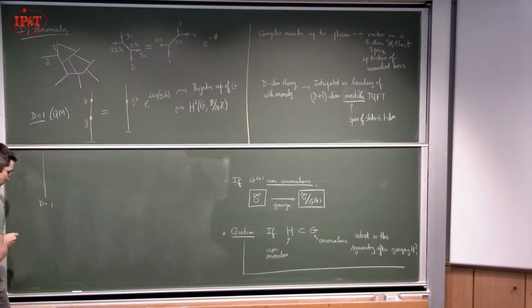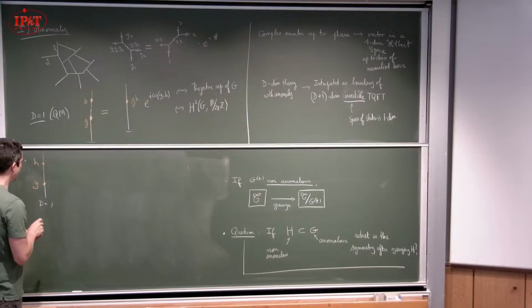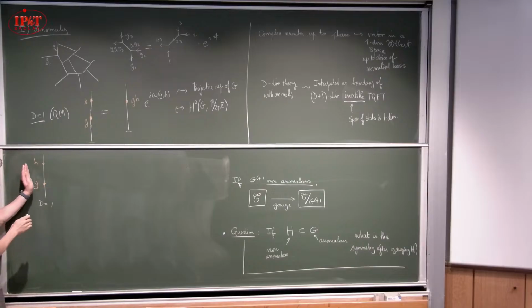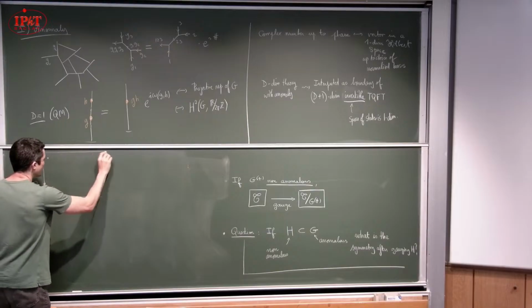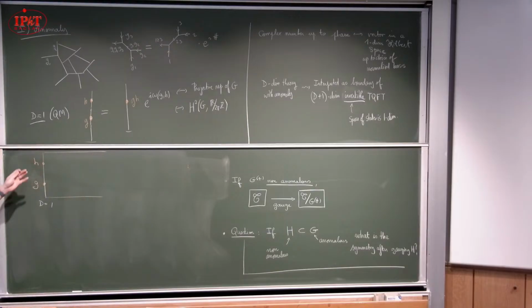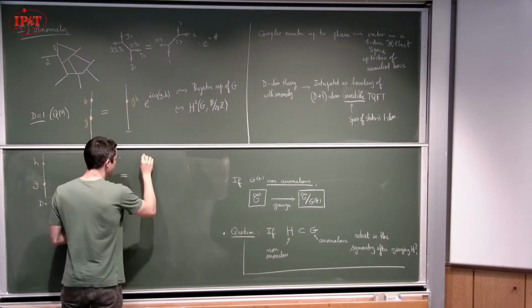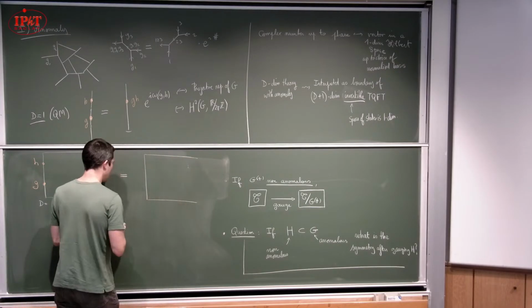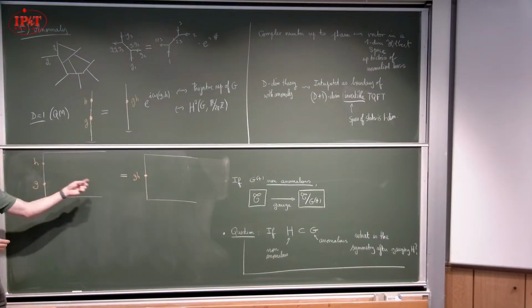This is the whole space of QFT, and then we have the operator G, the operator H, and then what I say is that we should consider this as the boundary of some two-dimensional theory. So here is the topological field theory, and then what should it be? What should the action be? It should be something such that if I have this, it should be equal to this, with no phase. The phase will be absorbed.